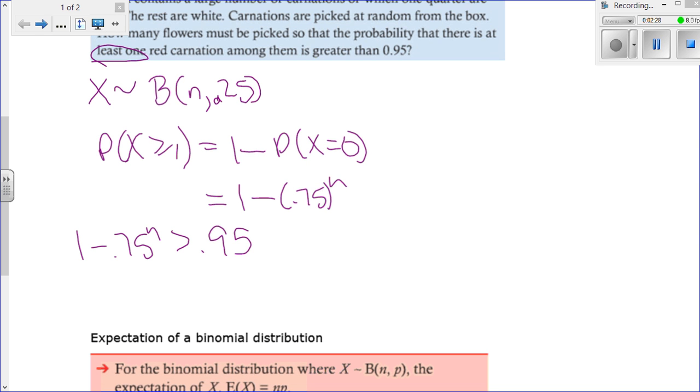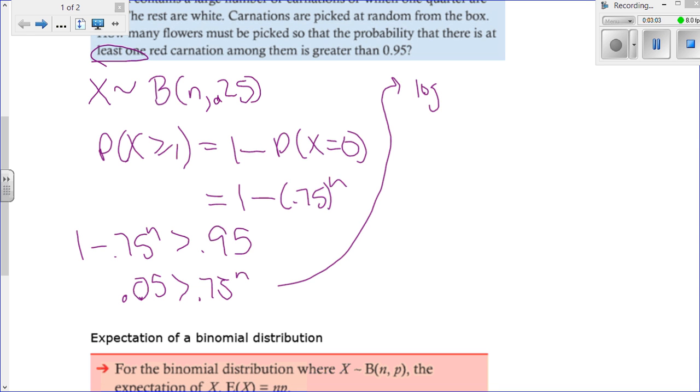So I'm actually going to add 0.75 to the n to both sides and subtract 0.95. So I would get 0.05 is greater than 0.75 to the n. Now I'm not sure if you remember, but when n is in the exponent, I need to take the log of both sides.